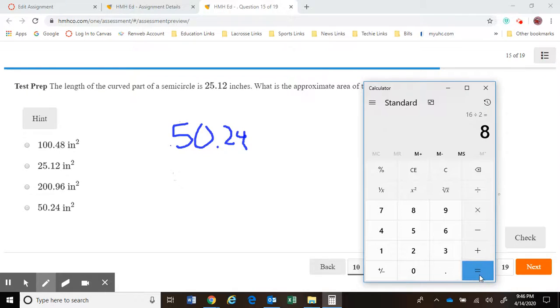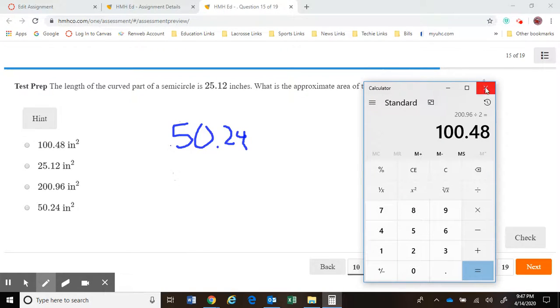So there's my radius, which is 8, and then pi r squared. So 8 times 8, 64, times 3.14 is 200.96, and then I've got to divide by 2, which gives me 100.48. So two ways you could do it.